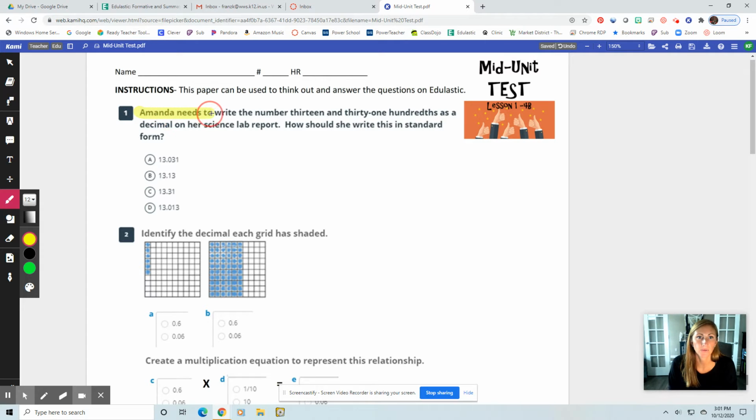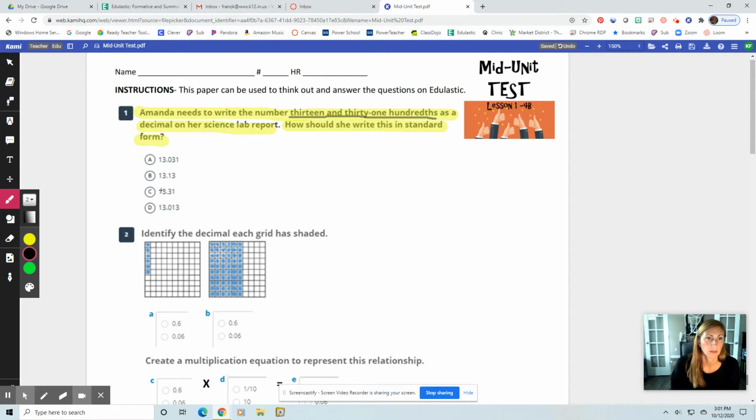Amanda needs to write the number 13 and 31/100ths as a decimal on her science lab report. How should she write this in standard form? So the number is 13, you're looking for 13 and 31/100ths.